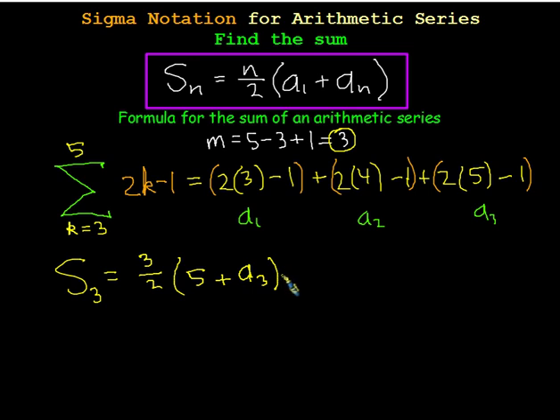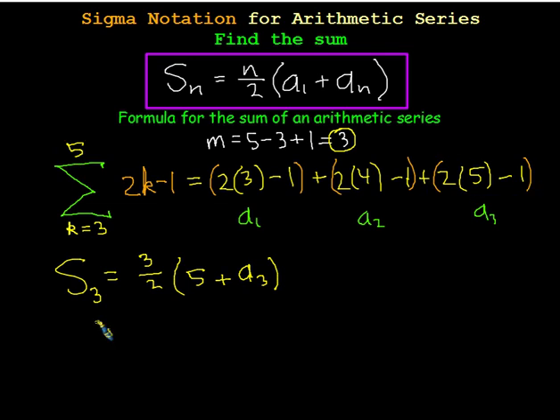Now, it turns out a sub 3, the a of this term right here, is always going to be take this number and put it in for k and then evaluate.